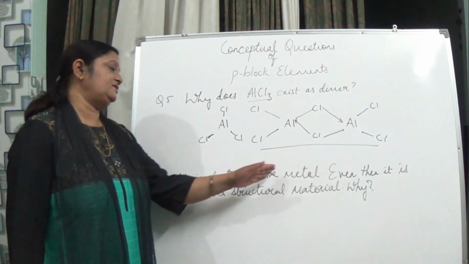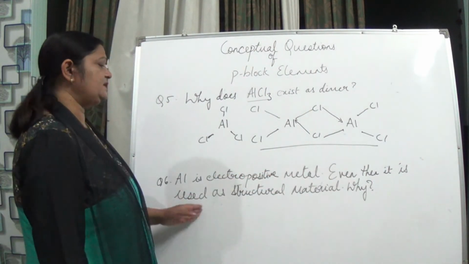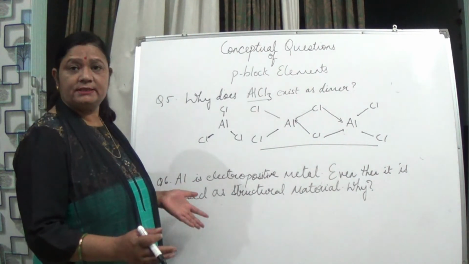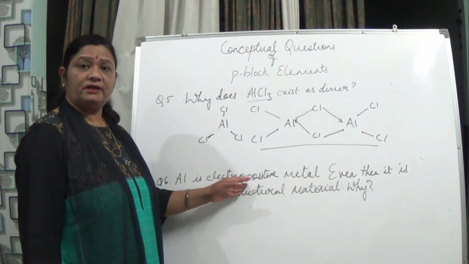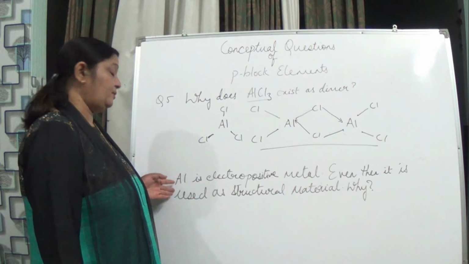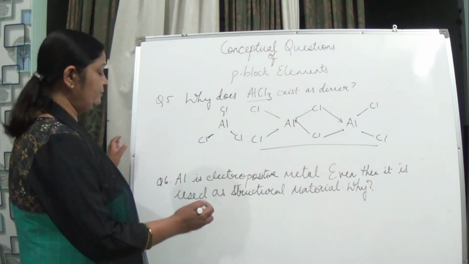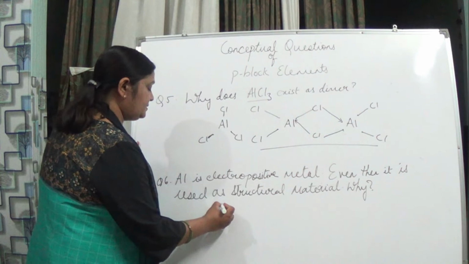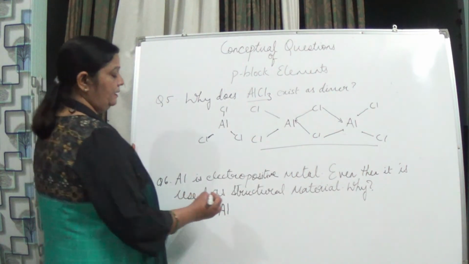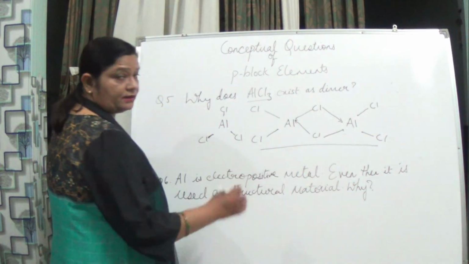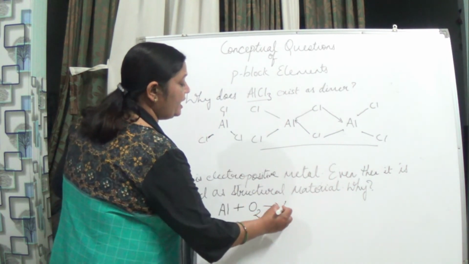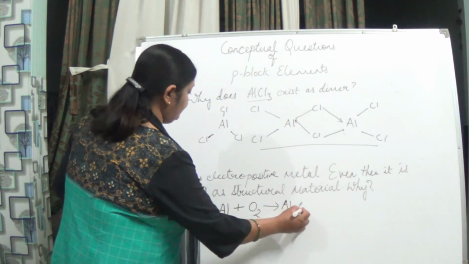Aluminium is an electropositive metal. Even then it is used as a structural material. Why do we use it to make different materials? If it is electropositive in nature, it will be reactive, isn't it? But then also we make materials from aluminium. Why? Actually, as aluminium is an electropositive metal, it will react first with the oxygen of the air to form aluminium oxide.